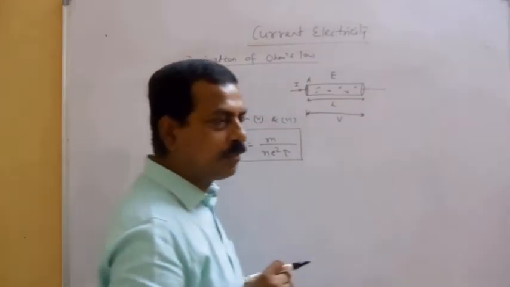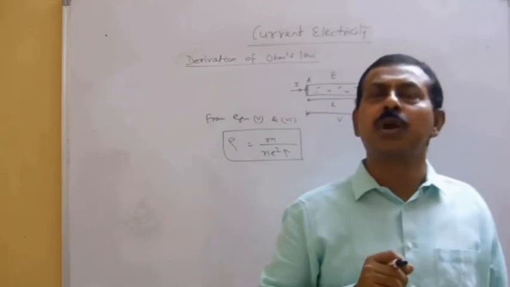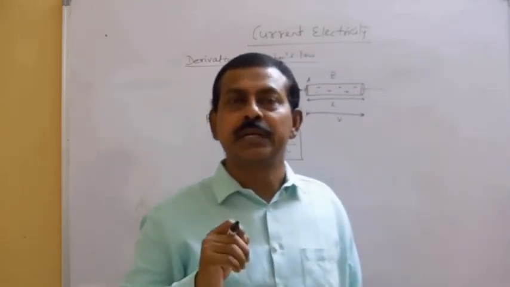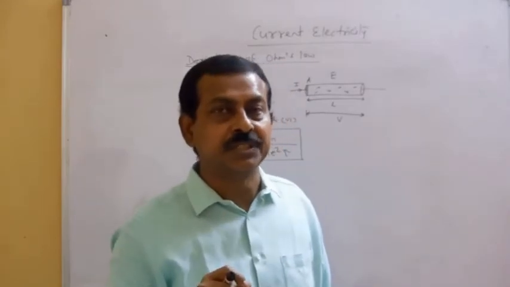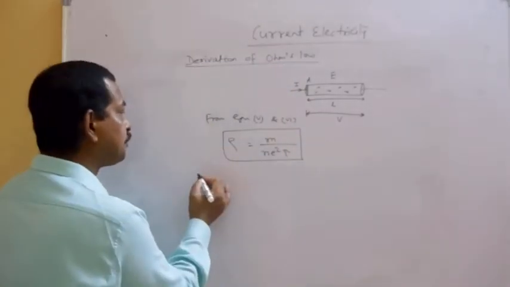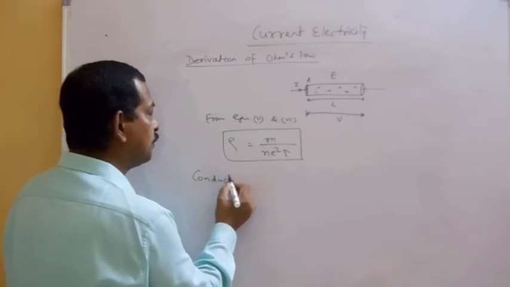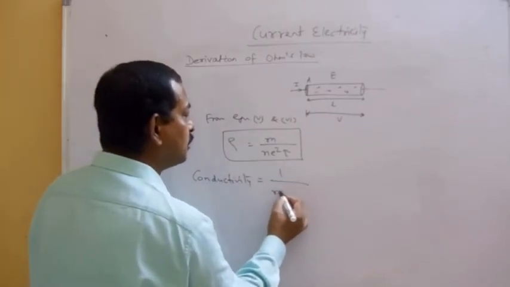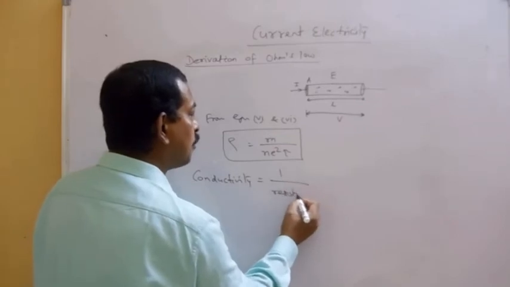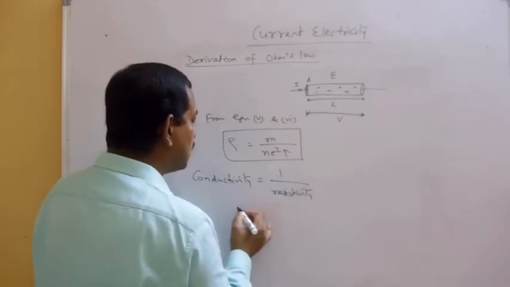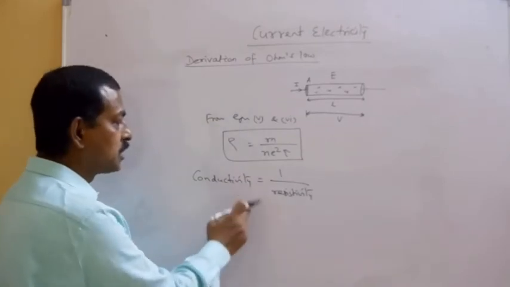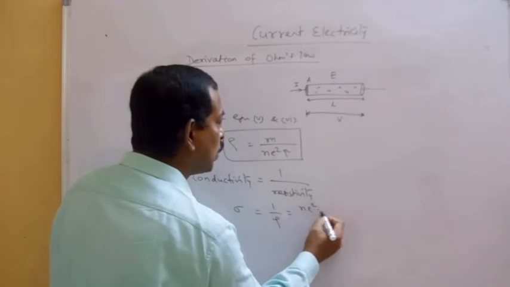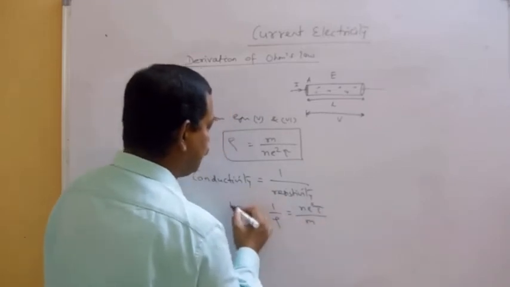Okay. There is one more term that is called conductivity. Conductivity will be the reciprocal of resistivity. So conductivity, if I represent it by sigma, is 1 by rho, and this will be n e squared tau by m.